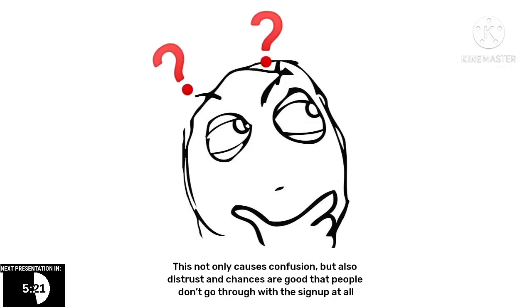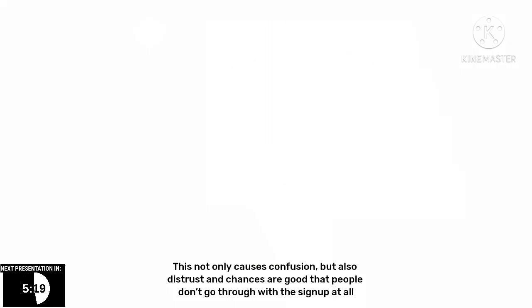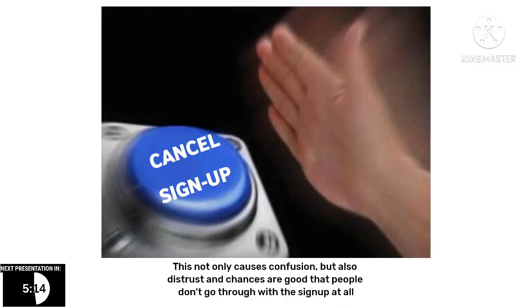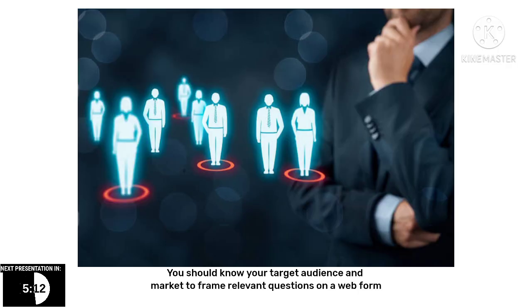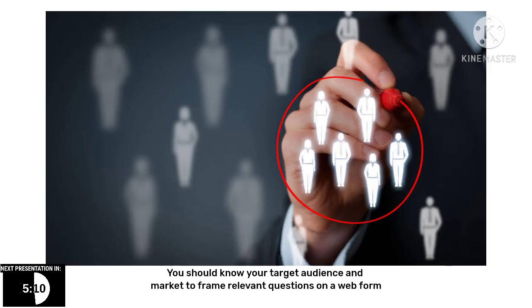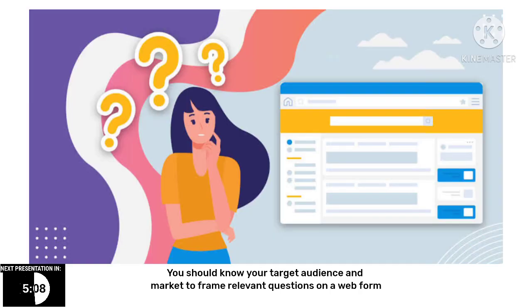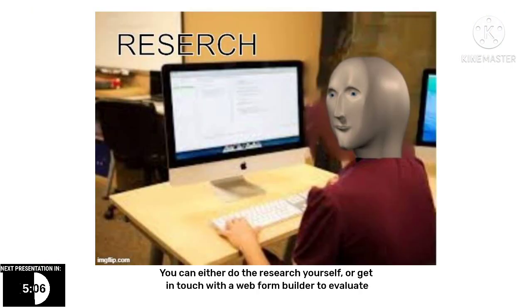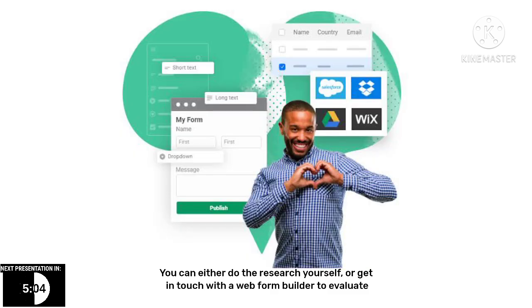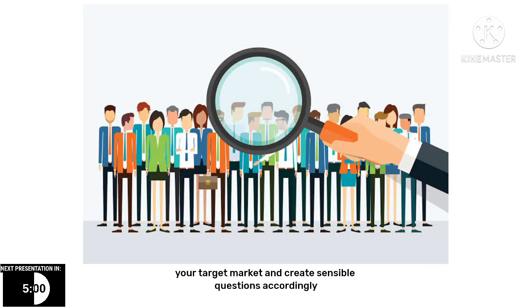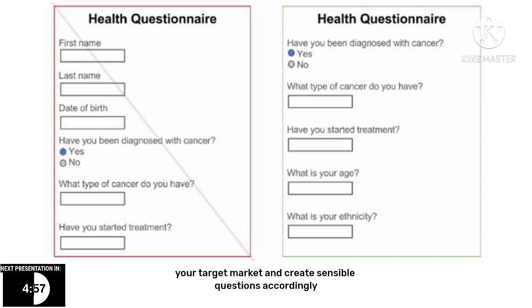This causes confusion, but also distrust, and chances are good that people don't go through with the sign up at all. You should know your target audience and market to frame relevant questions on a web form. You can either do the research yourself or get in touch with a web form builder to evaluate your target market and create sensible questions accordingly.